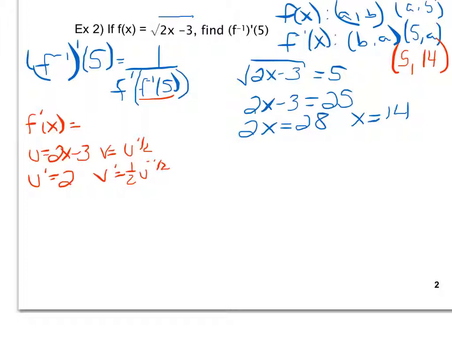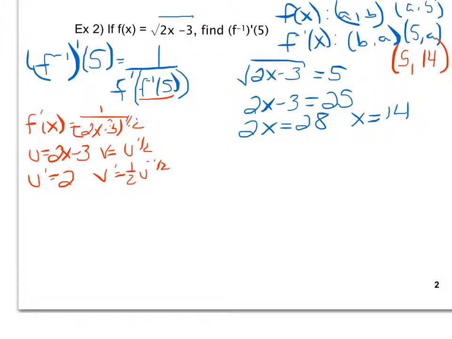When I do u prime times v prime, 2 times 1/2, they cancel out, and I get u to the negative 1/2, which is the same thing as 1 over u to the 1/2. I didn't write that out very well, so let me read it so you can get it written down a little better. It is 1 over (2x minus 3) to the 1/2 power.